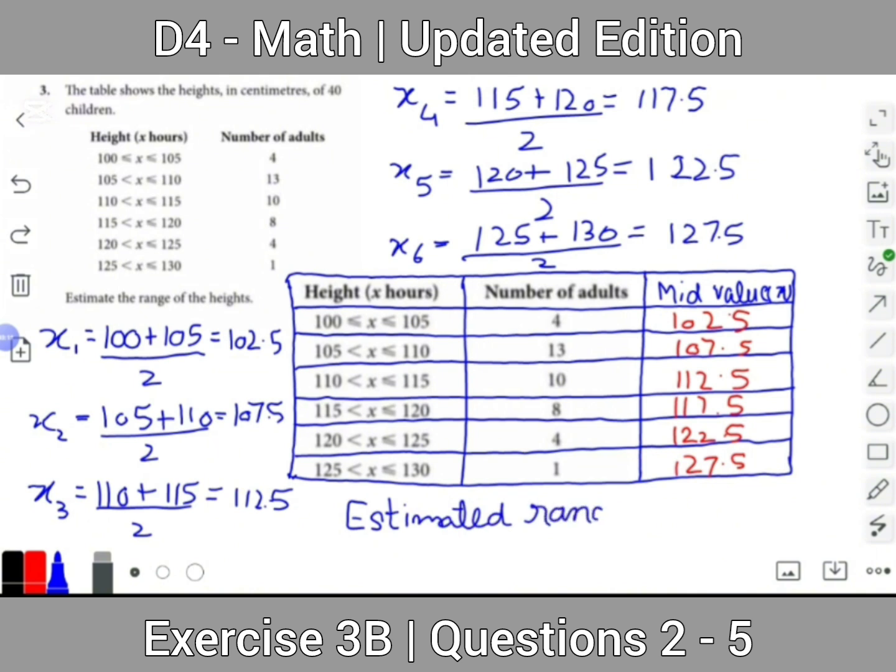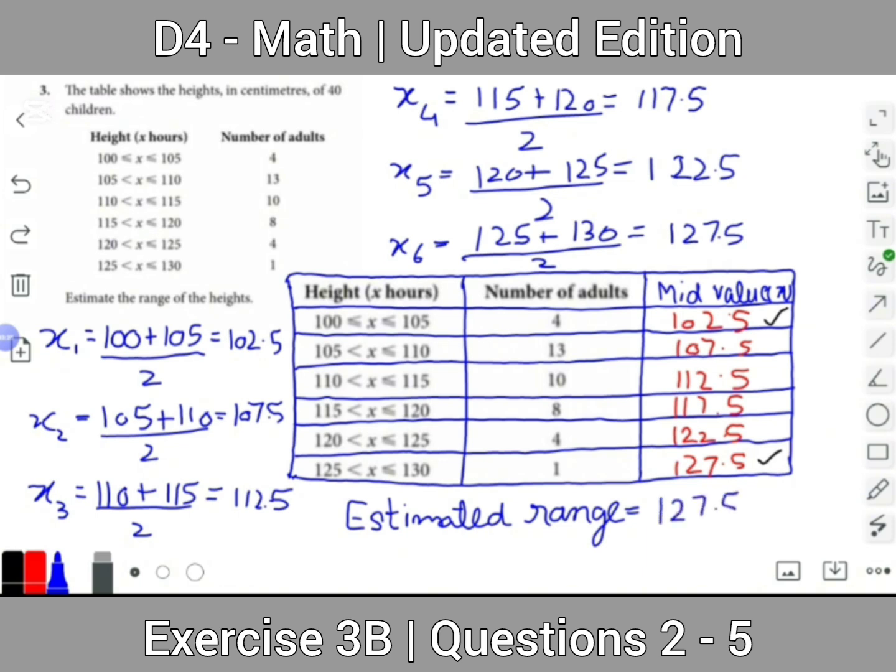Estimated, we will subtract the estimated smallest value from the estimated largest value. So here the estimated largest value is 127.5 and the smallest value is 102.5. So we will subtract 102.5 from 127.5.